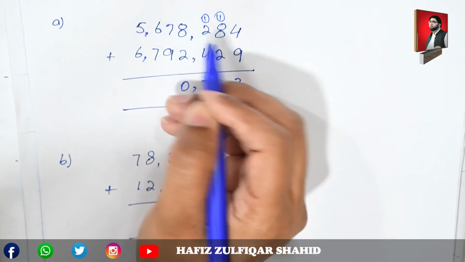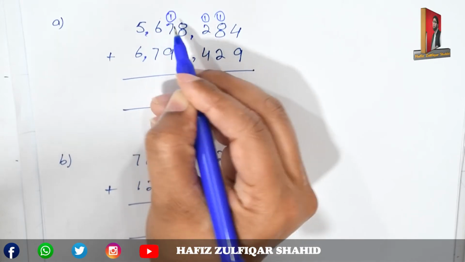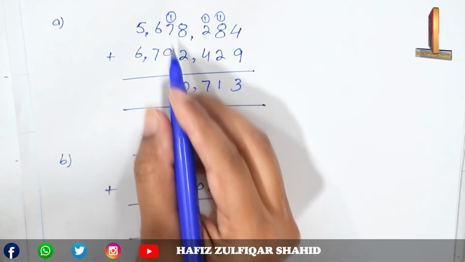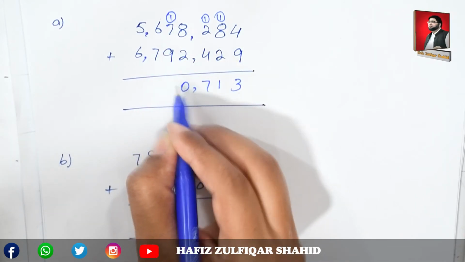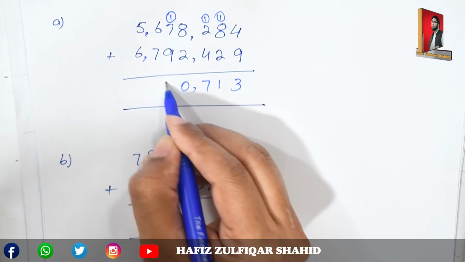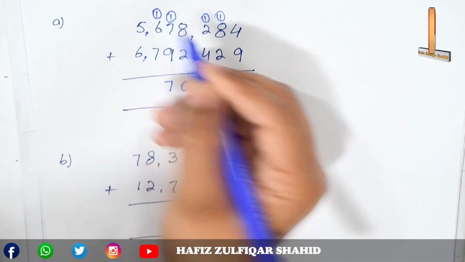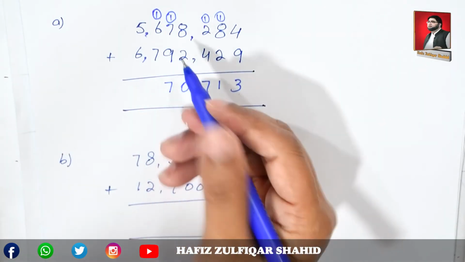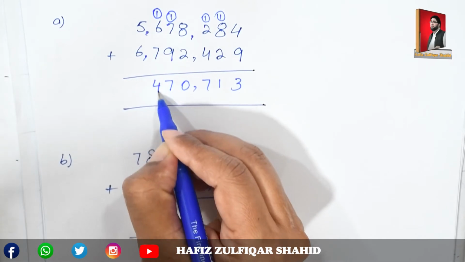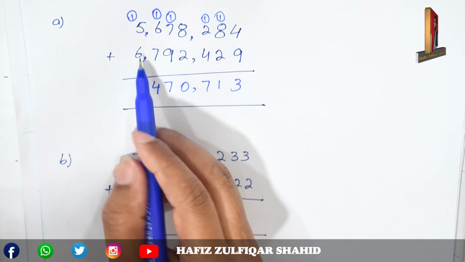Hundreds, take a carry on 7, add 7 and 9, 16, add 1, which is circled as a carry, 17, take again 1 carry, it will be 14, 4, shift 1 as a carry.